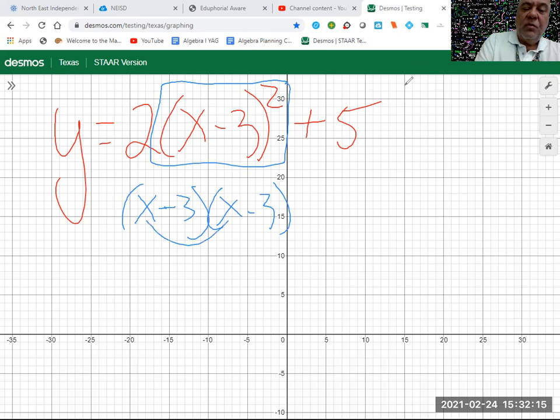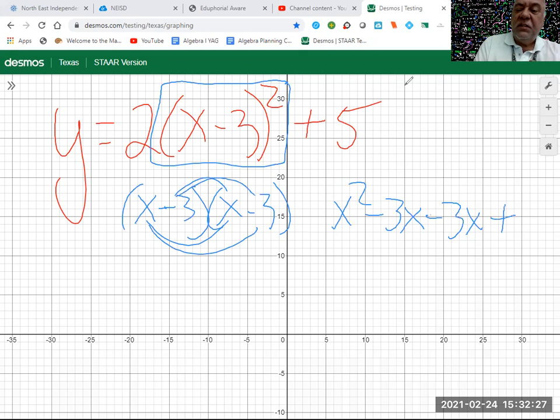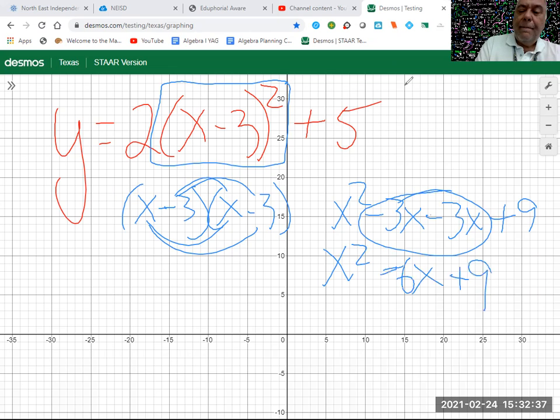Just double distribute. x times x is x squared. x times minus 3 is minus 3x. And minus 3 times x is minus 3x. Minus 3 times minus 3 is positive 9. Then you can combine these two terms and get x squared minus 6x plus 9.